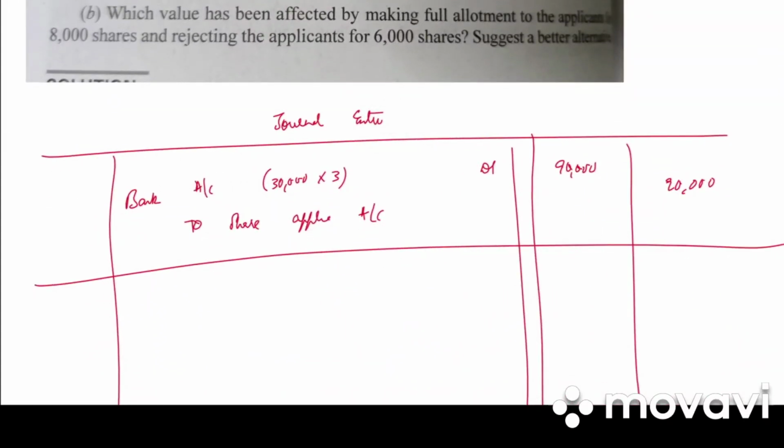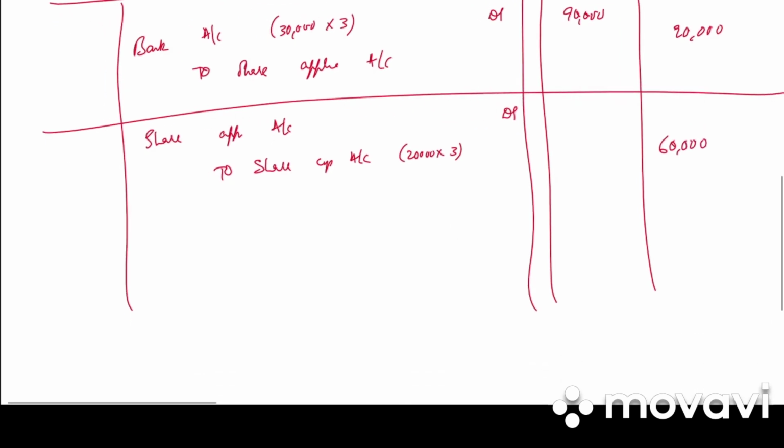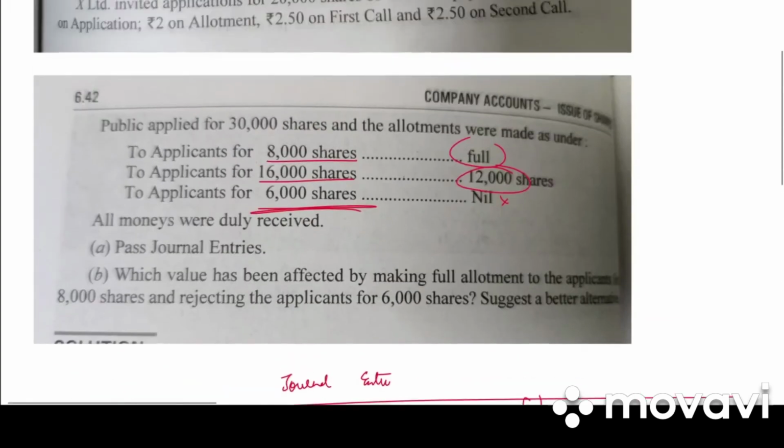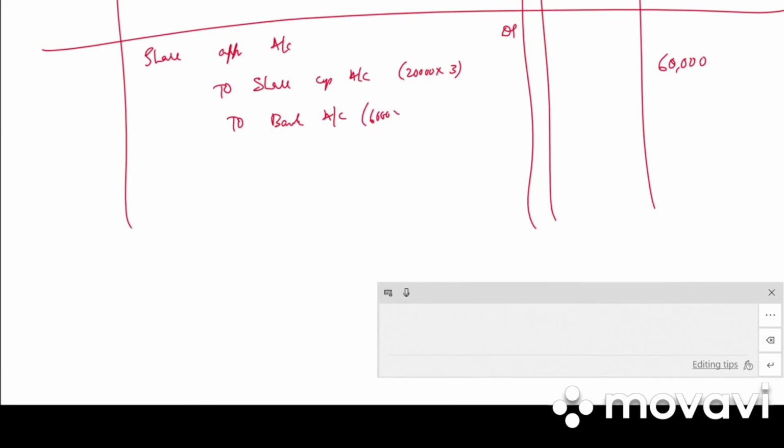Share application to share capital account. So first entry, next entry usually is what? Share application account debited to share capital account. And what will be the amount? It is 20,000 into 3, that is 60,000. They have returned the money to how much? 6,000 shares did not get any shares, so the entire money is returned. 6,000 into 3, 18,000.